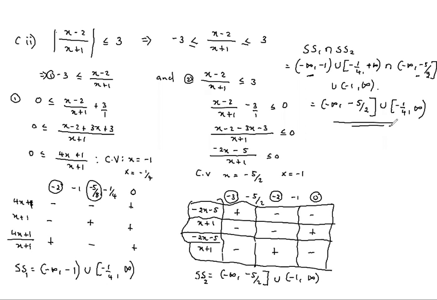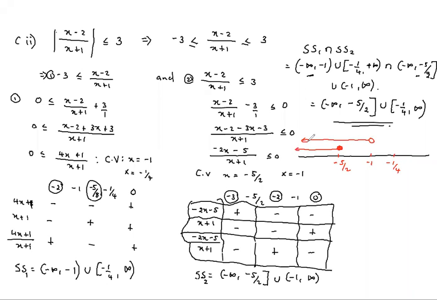If you get confused, you can as well use a number line where you draw and break your numbers: negative 5 over 2, negative 1, negative 1 over 4. One interval starts from negative 5 over 2, going to the left, including. The other starts from negative 1, open, going to the left.